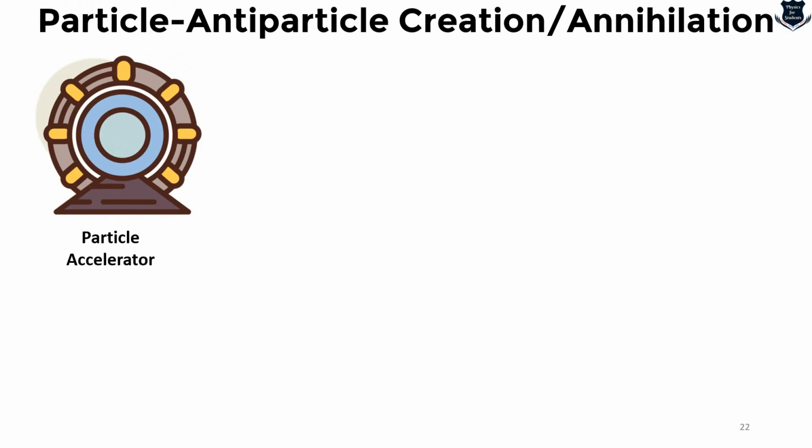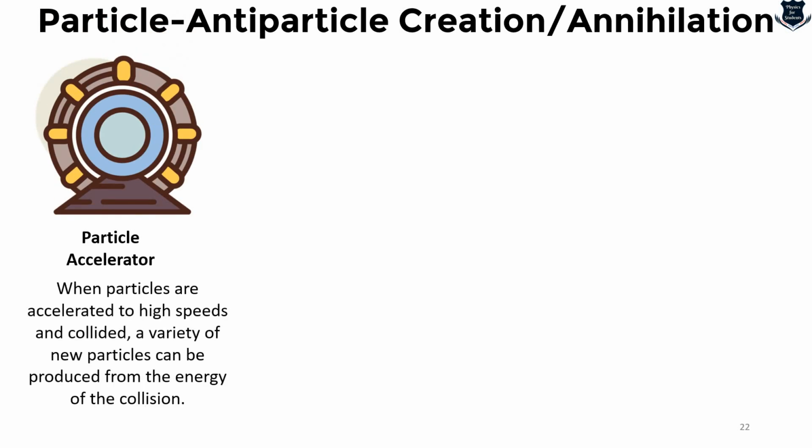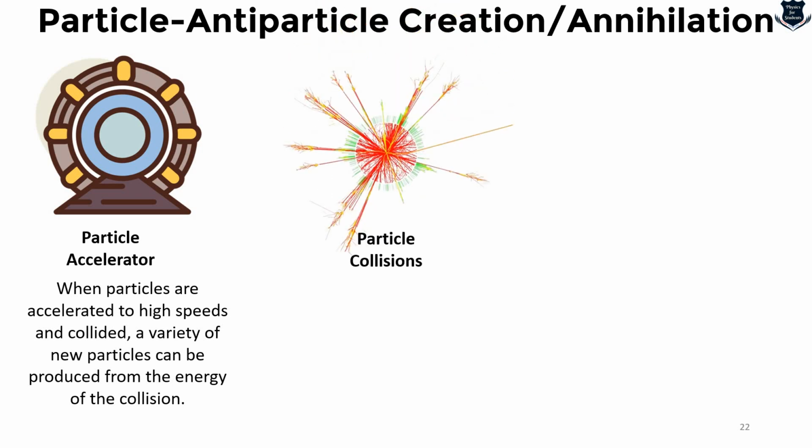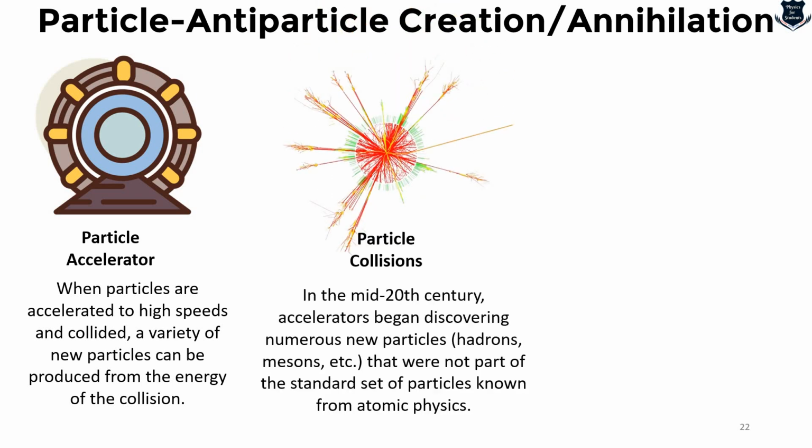So the first thing was the particle accelerator. These experiments provided clear evidence that particles could be created from energy, consistent with Einstein's E equals mc squared. The second was particle collisions in the middle of the 20th century, because numerous new particles were found.